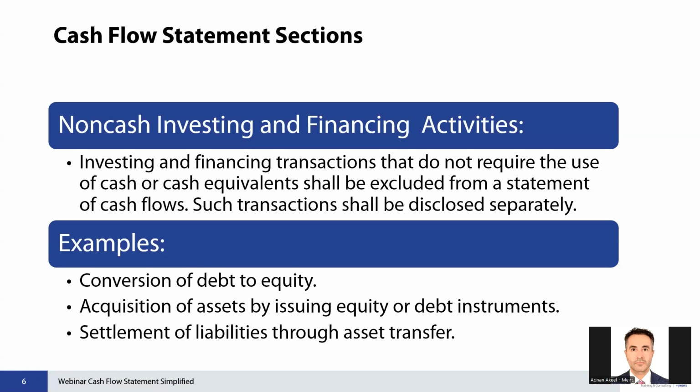Now, what are examples of non-cash investing and financing activities? For instance, lots of companies issue bonds. And some of these bonds, to give flexibility for the issuing company, are called convertible bonds. Convertible in the sense that if the firm believes that they no longer need these bonds, or these bonds are becoming really expensive in terms of the interest they are paying on them, they have the option to convert these bonds into common shares.